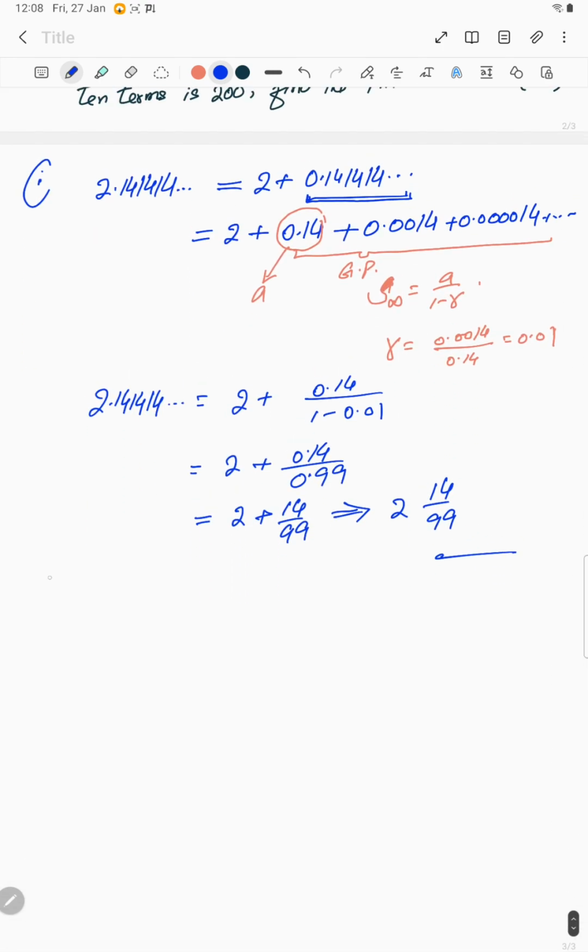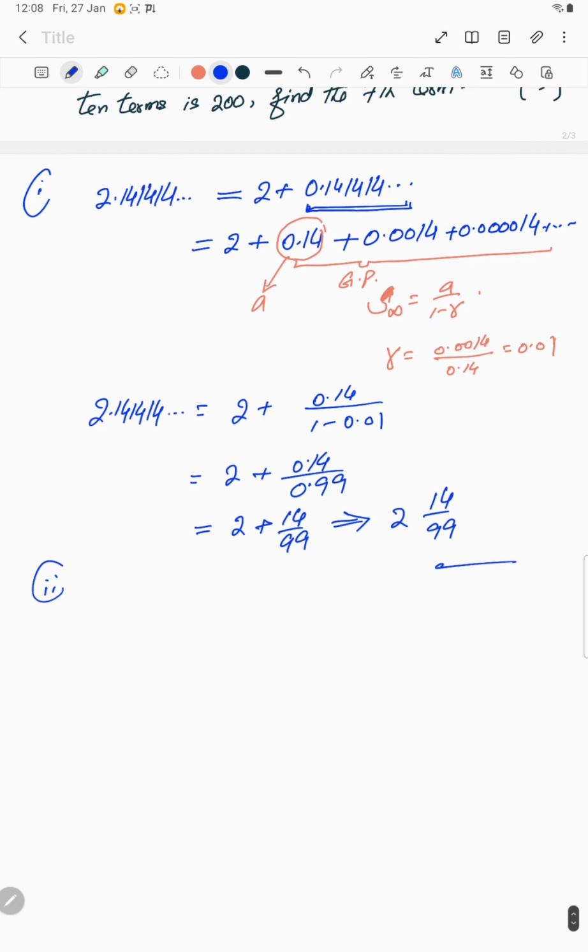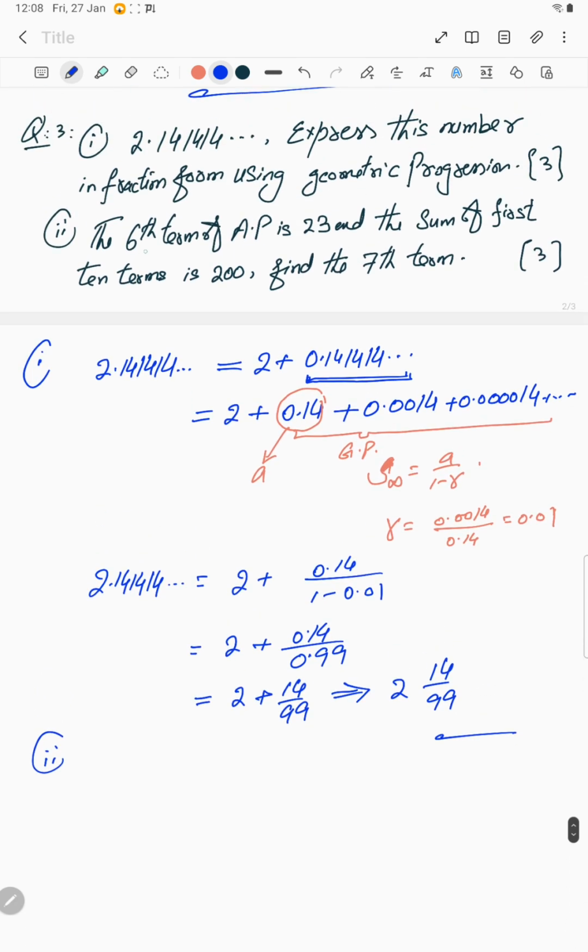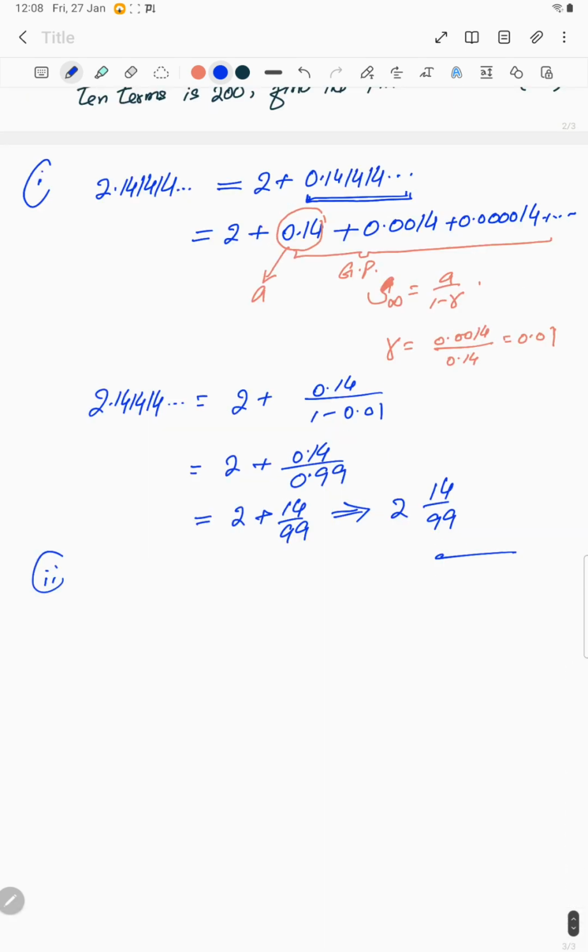Okay, now the second part of the same question. You are given the sixth term of an AP. Sixth term of AP is going to be A6, that is a plus 6 minus 1, that's 5d, and it is given to be 23. Suppose this is equation 1.